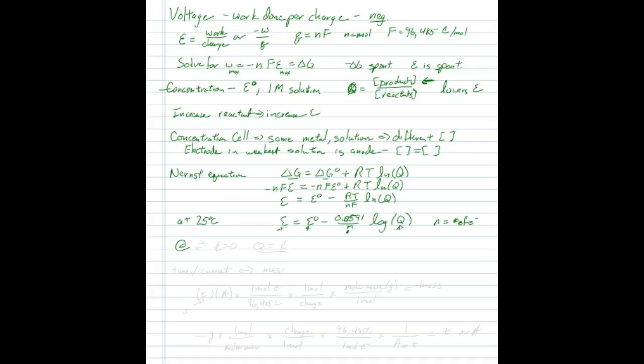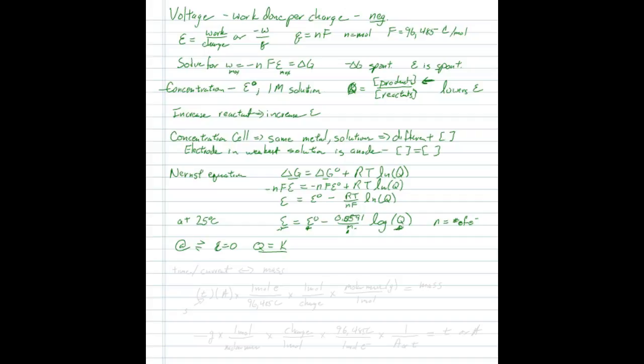And at equilibrium, E equals 0, Q is now K, and you can calculate the value of K, the equilibrium constant for redox reactions, by doing this if you solve for K. So if you know this, and N, you can solve for the Q, which is now K, because we're at equilibrium.